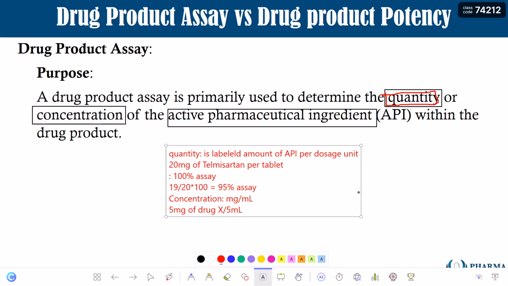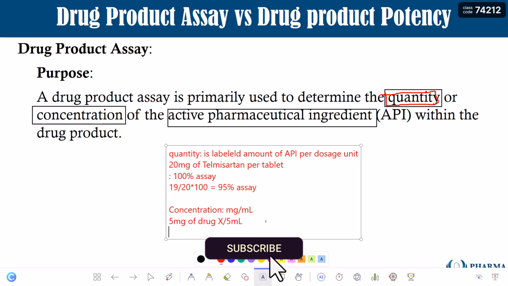I hope you understand. And similarly, you can also calculate the assay for the concentration if the content of drug X is found to be 4.9 mg per 5 ml. So if you get the 5 mg per 5 ml of the drug, it is called a 100% assay.